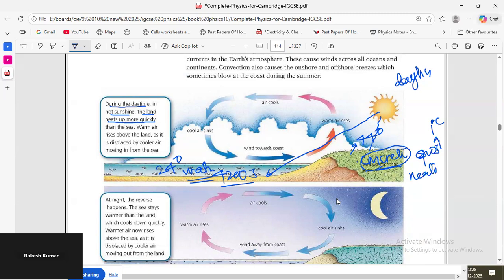So the air above the land is hotter. The land radiates and convects heat to the air, and the air comes in contact and rises because it's hotter now.